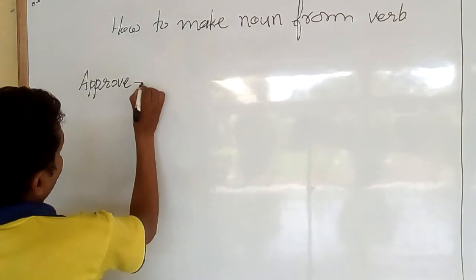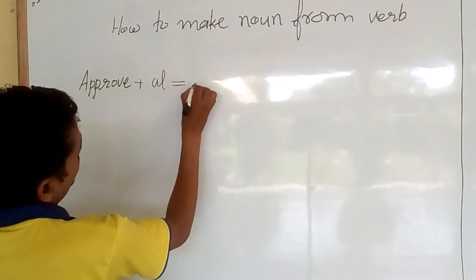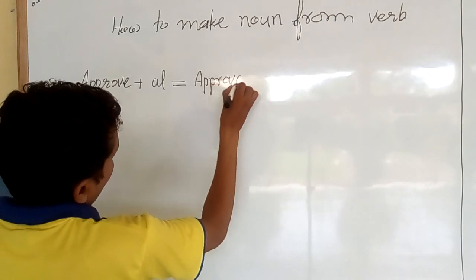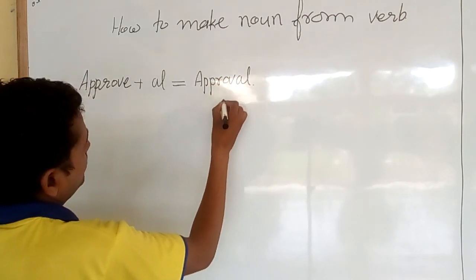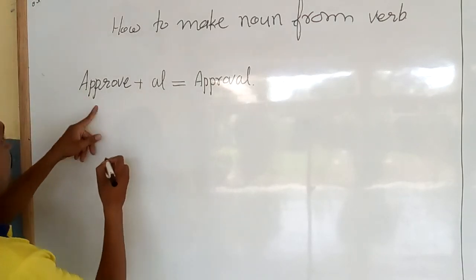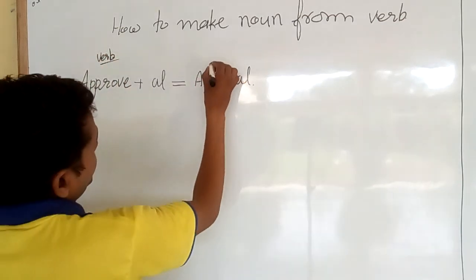So you can add here al. It will be approval. So this is noun, this is verb, and this is noun.